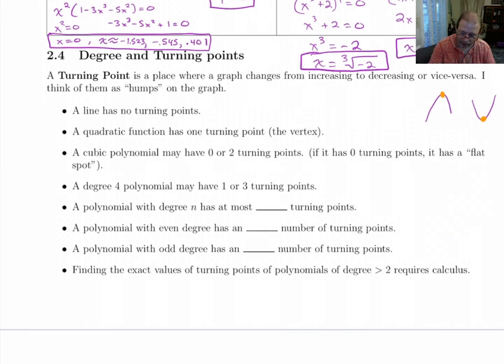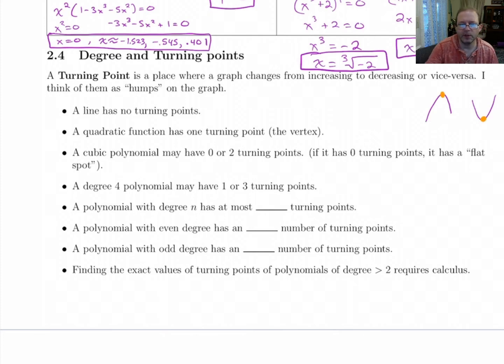So like that, or like this. And so one of two things can happen. It can either look like this, where you have no turning point, or if you turn around one time, well, if it's a cubic polynomial, it's got to turn around again so that the end behavior can work out. So you can either have 0 or 2.